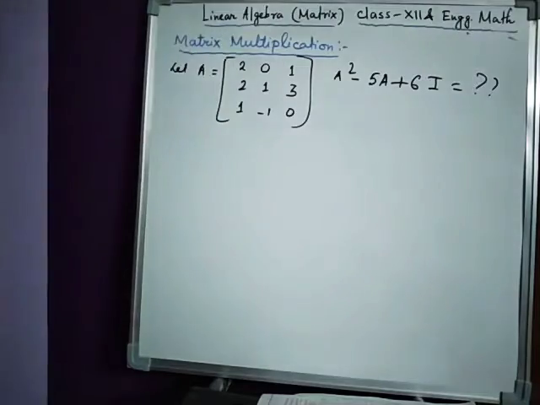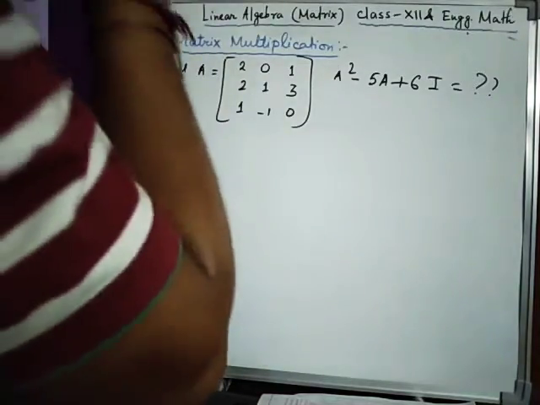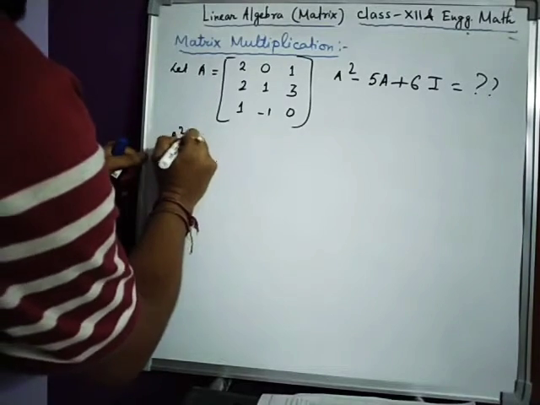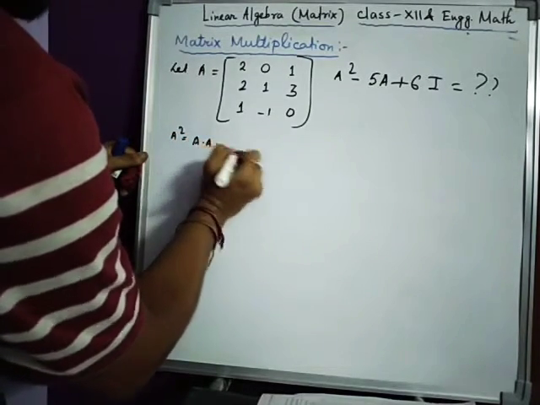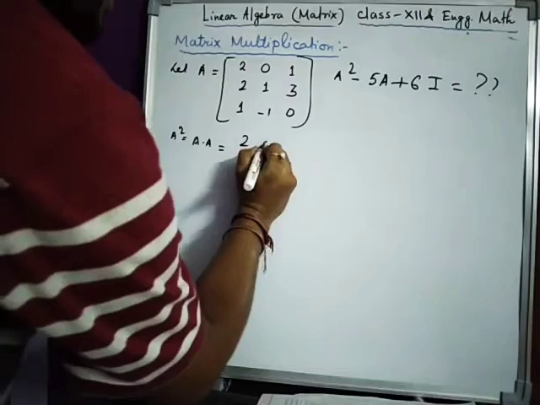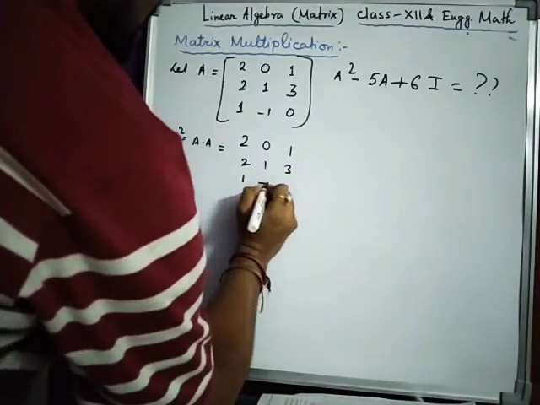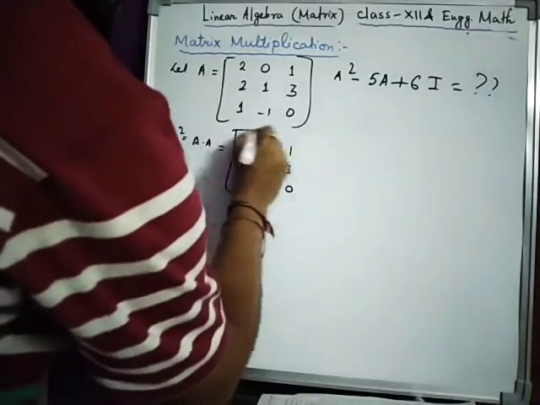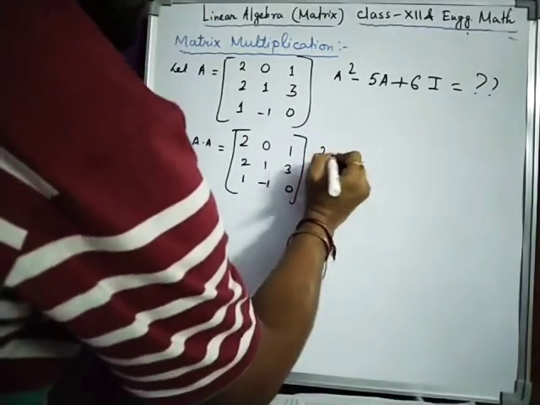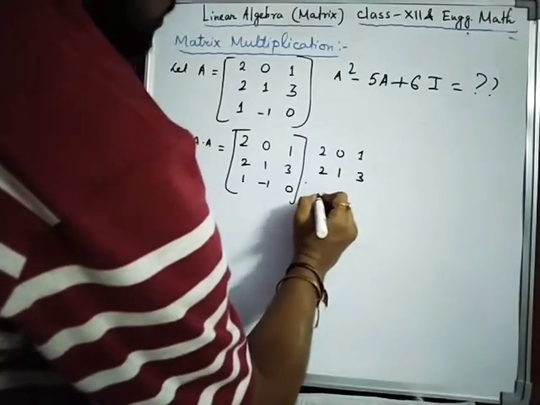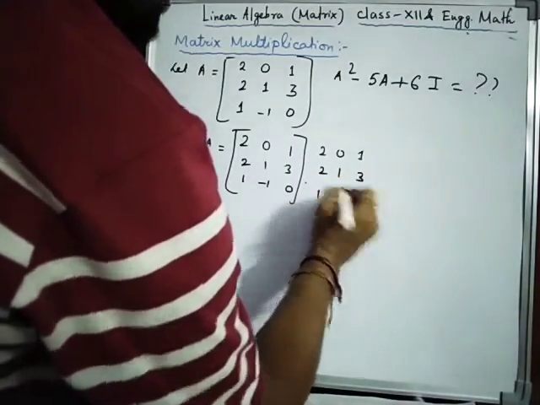So A square, if you want to make A square, is nothing but A into A. Okay, A is already there: 2 0 1, 2 1 3, 1 minus 1 0. This is A. Another A, write down again: 2 0 1, 2 1 3, 1 minus 1 0.